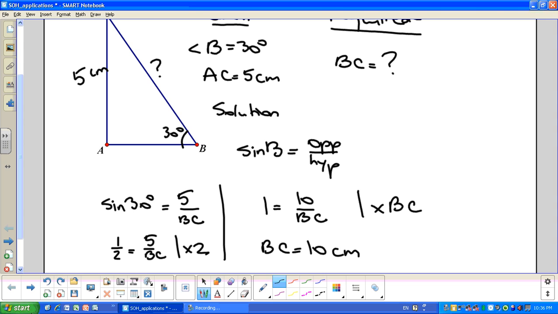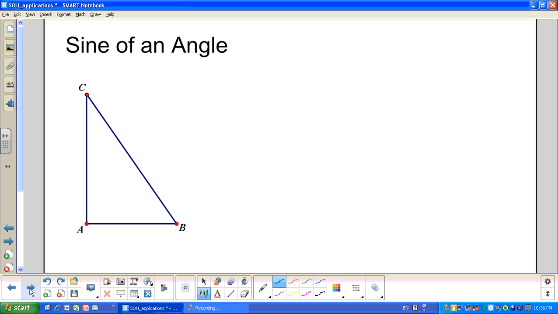There you go. First type of applications, we found the length of a segment. Good. Second type of applications, this time we will find an angle.